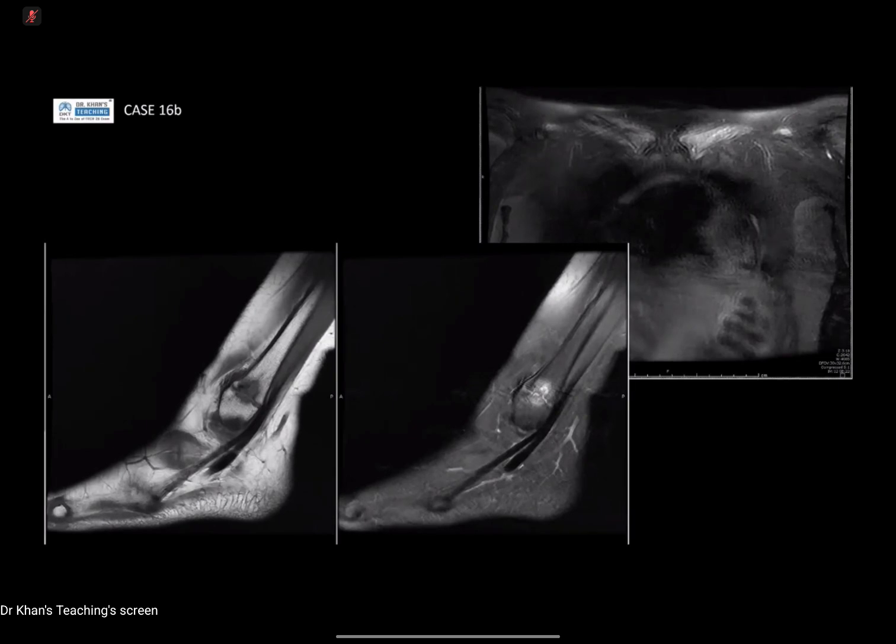So it might be due to multifocal osteomyelitis, since the patient has multifocal sites with bone marrow edema, soft tissue edema, and at the physis, which could be due to an infectious process.